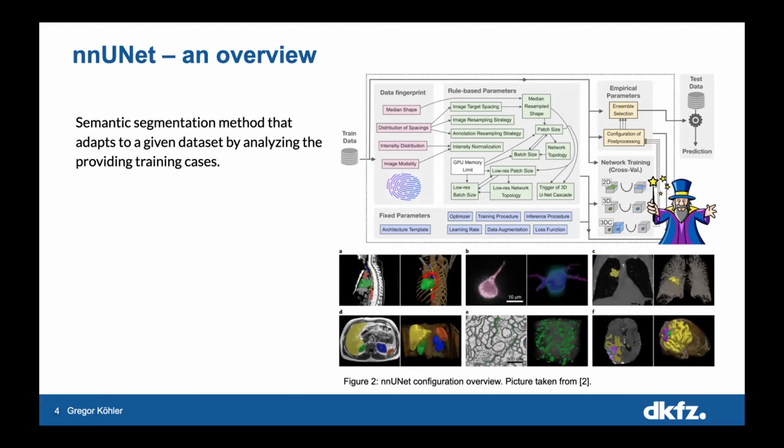In general, I guess the community usually knows what nnU-Net is designed to do, but it's basically an open-source segmentation method which can adapt the whole pre-processing and data pipeline, data augmentation, architecture, etc., to a given segmentation problem. And this was also coming from our group, so it was a natural choice.